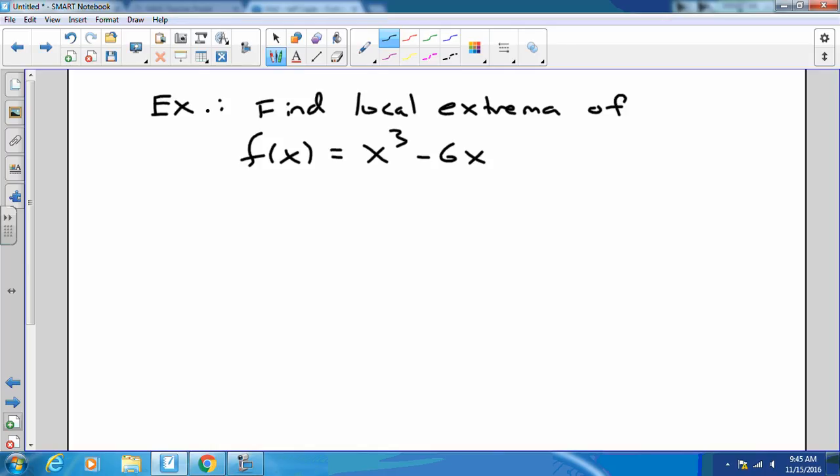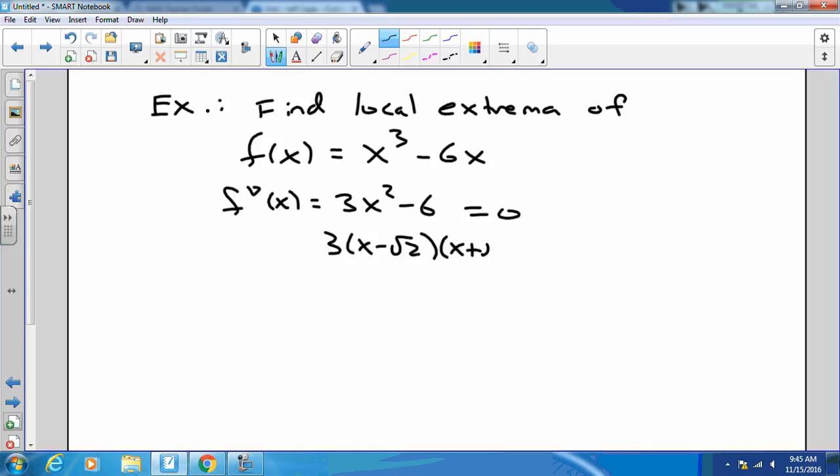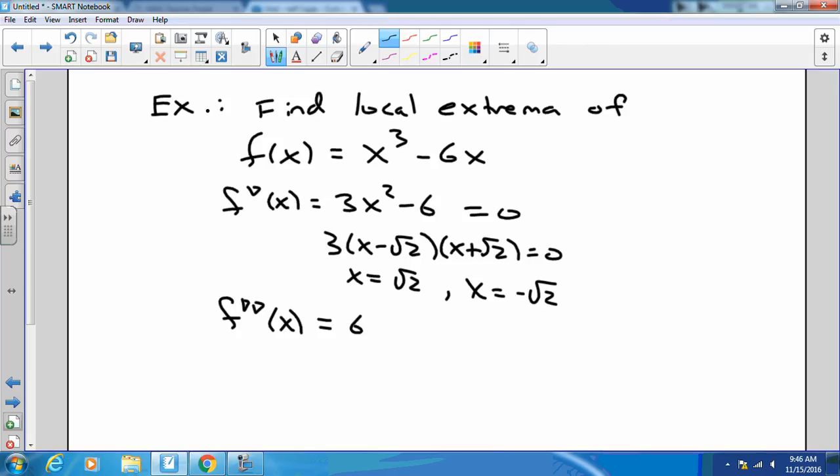First, that f prime is 0, and second, that f double prime has a certain sign. So we consider, first of all, f prime and its critical points. Our critical points are root 2 and negative root 2.